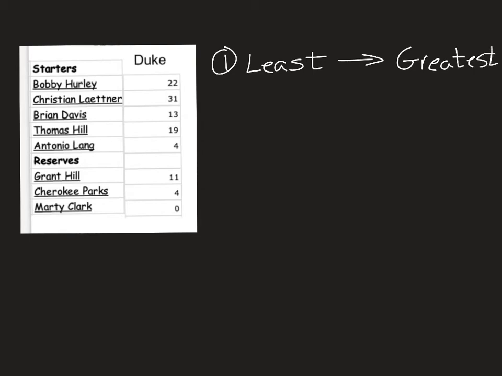So I'm going to take those scores for each individual player, and I'm going to write them in order from least to greatest. So starting with the 0, got a couple of 4s, an 11, a 13, 19, 22, and finally 31.